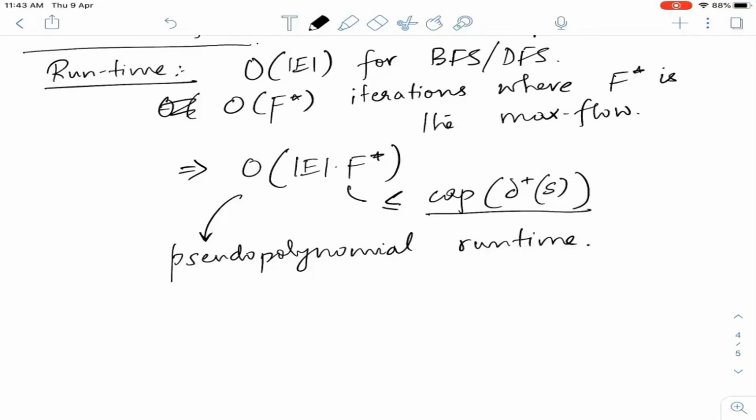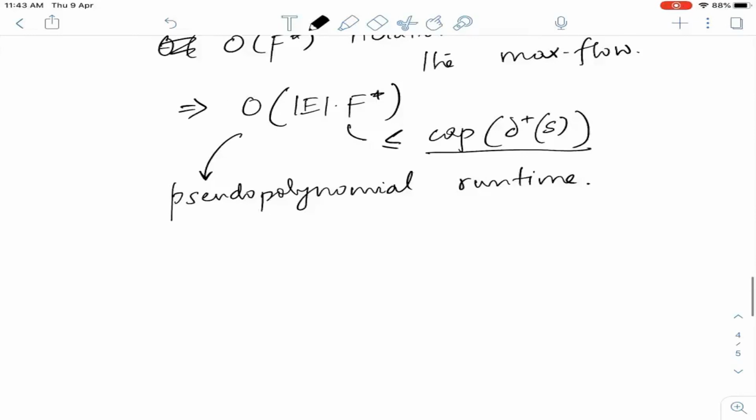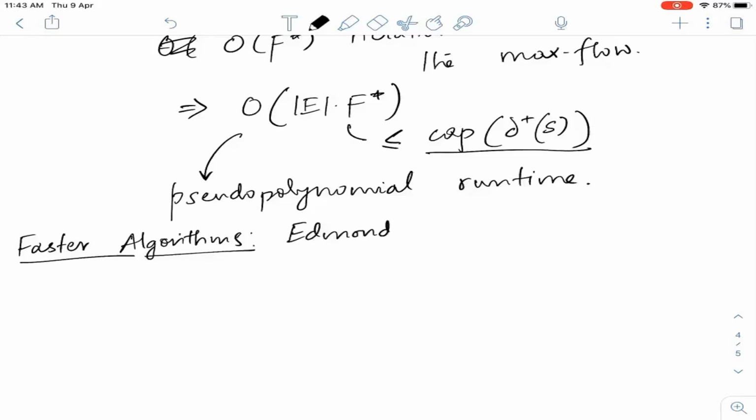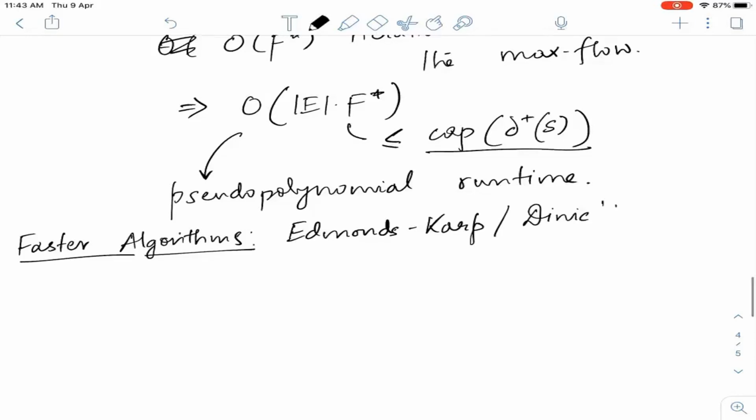Okay. But the good news is there are faster algorithms. We would not be describing them in this lecture. If you take some other course like MAD or something, there we will cover faster algorithms for max flow. One example is Edmonds-Karp or Dinic's algorithm. This takes something like order of, I think, n square m.